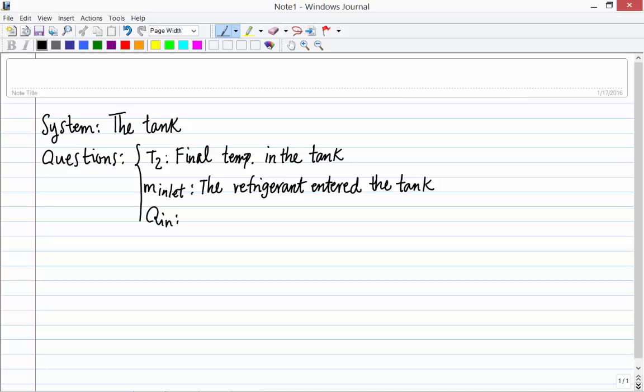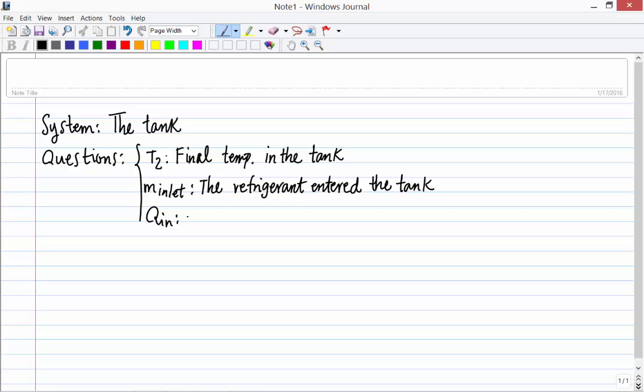It might be from the system to the surroundings, so the heat is leaving the system, or the system might absorb the heat from the surroundings. Here the text doesn't mention the direction, so we need to assume it's coming in or coming out. Then according to the sign of that number, we can tell whether it was coming in or going out. Anyway, I will talk about it later.